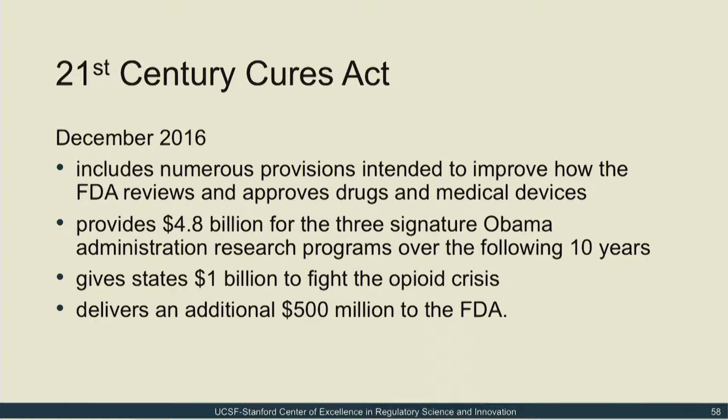It also provides substantial funding for 3 signature Obama administration research programs over the following 10 years: the Cancer Moonshot, the Brain Initiative, and the Precision Medicine Initiative. Plus, it gives states funding to fight the opioid crisis and delivers an additional $500 million to the FDA.